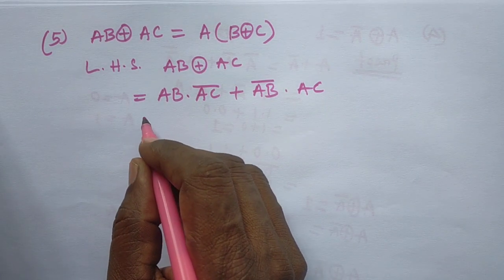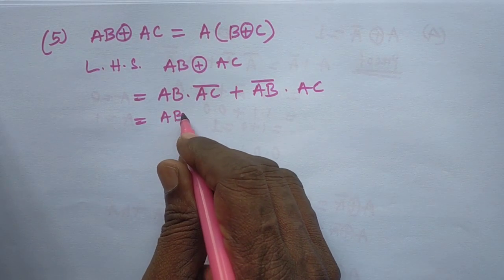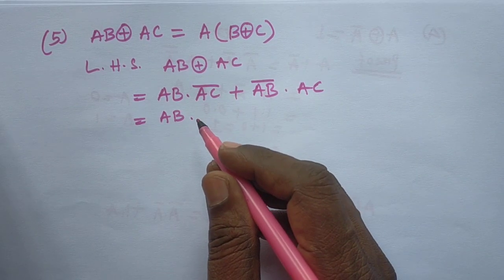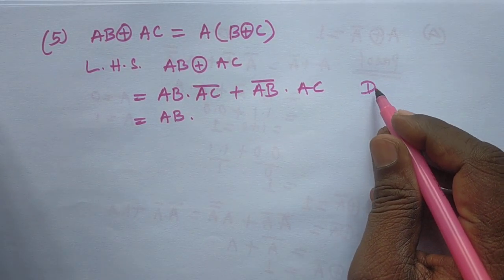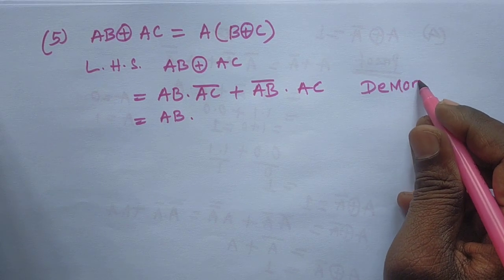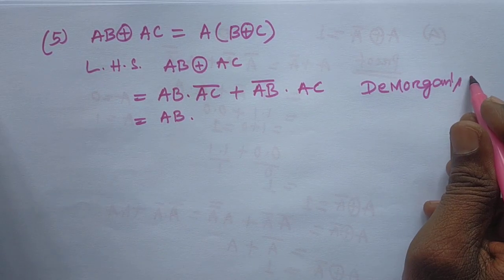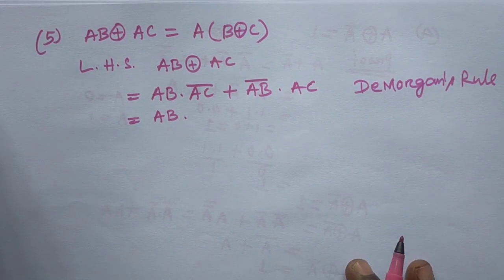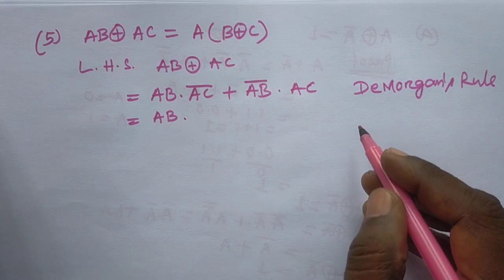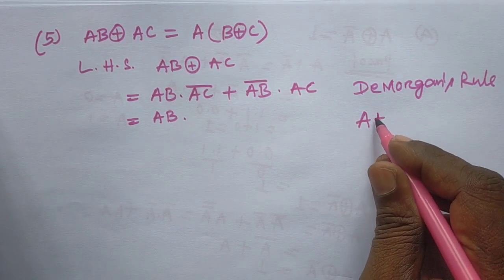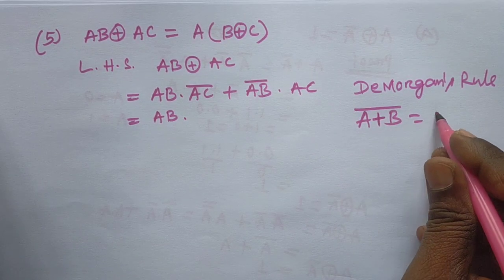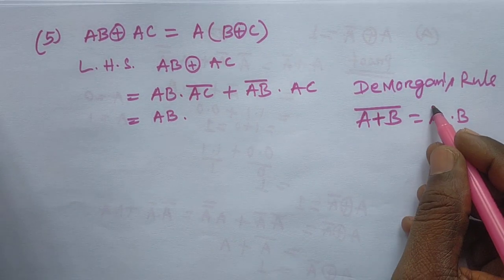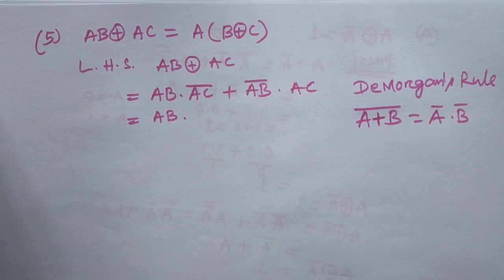No problem. Next, according to our De Morgan's law, we can apply De Morgan's rule. Whenever you use De Morgan's rule, we can write (A plus B) complement is A complement dot B complement. This is the rule.